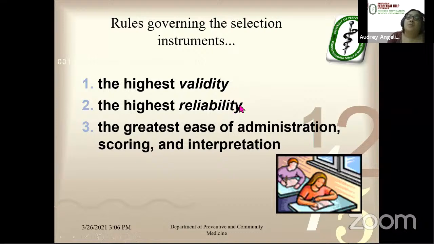These two terms we will define in the later slides. And of course, the greatest ease of administration, scoring, and interpretation. Remember, if you are given a 5-page, 10-page survey, I think you would not finish it to the end unless you're really interested in getting the results. Okay? That's why we limit our surveys to 1 to 2 pages.